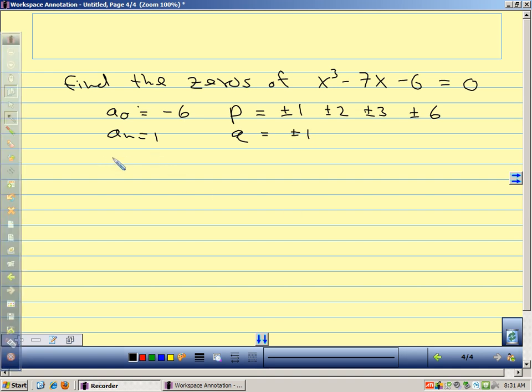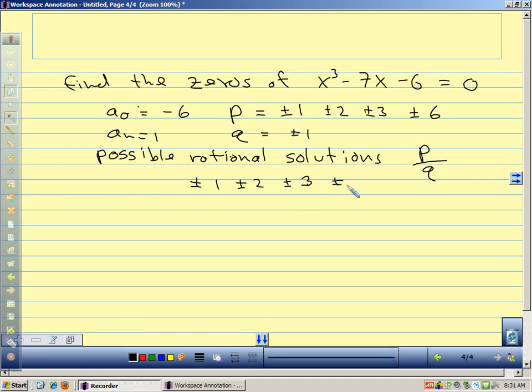So our possible rational solutions are any fraction we can make with P over Q. Those are just plus or minus 1, plus or minus 2, plus or minus 3, and plus or minus 6.